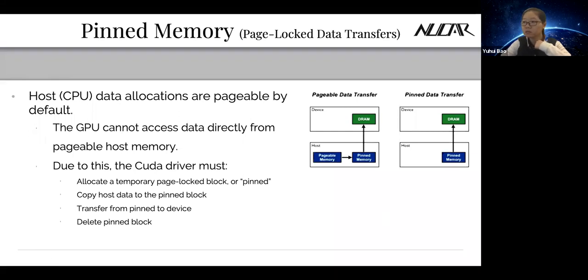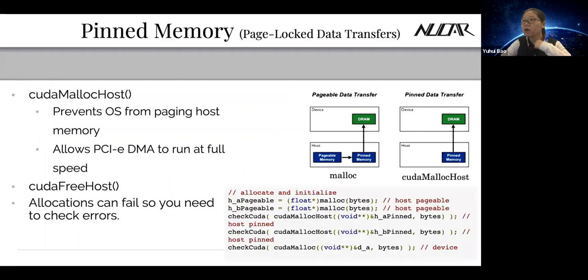Let's see how we write code to achieve this goal. This snippet of code is the regular malloc and memcpy you do. In order to allocate the memory on the page locked block, you use cudaMallocHost. It's just adding a host. This is allocated as pinned memory.